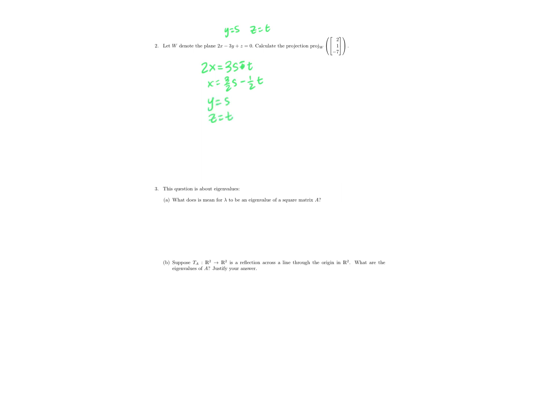So our parameterization of this plane is that W is equal to the span of the vectors (3/2, 1, 0) and (-1/2, 0, 1). And if we want to, we can multiply those by 2 and get rid of those fractions.